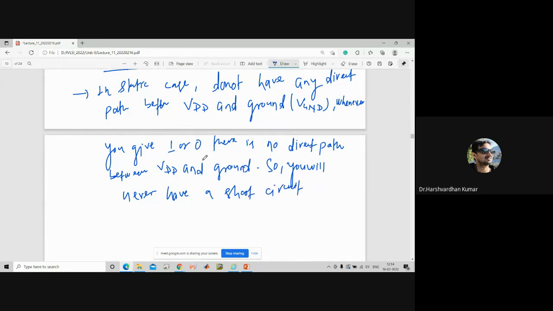So there is no short circuit current between VDD and ground, if the load is not connected. Always remember, if load is not connected.